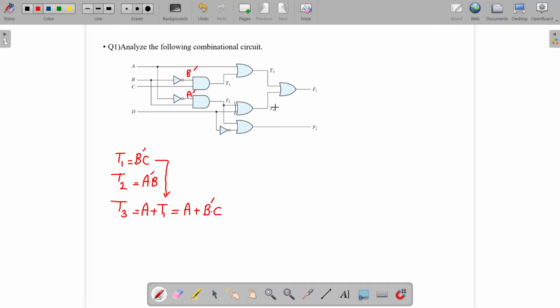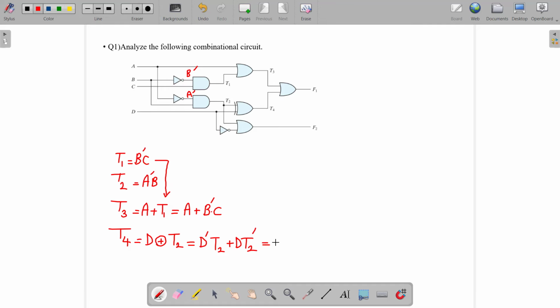Okay. Now, what is T4? We can see that T4 is D XOR T2. So it means that I can write T4 as D XOR T2. So I can expand this one as D prime T2 or D T2 prime.